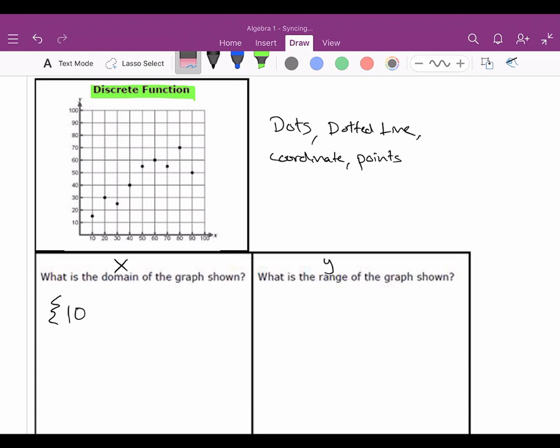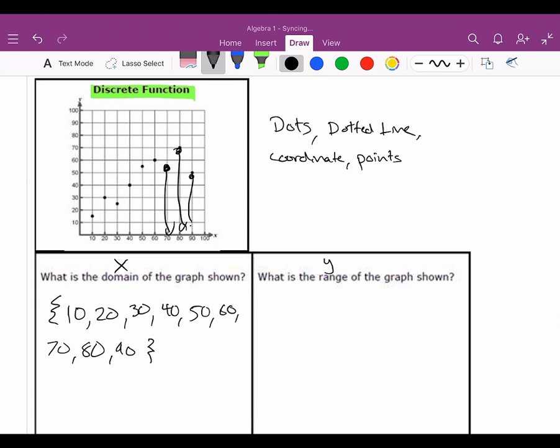Then I go to the next point, 20. You do want to go in order, so I'm looking left to right. 30, 40, 50, 60, and all I'm doing again is looking at these points and going down to what that value is. So 70, this would be 80, and then the last point is 90.